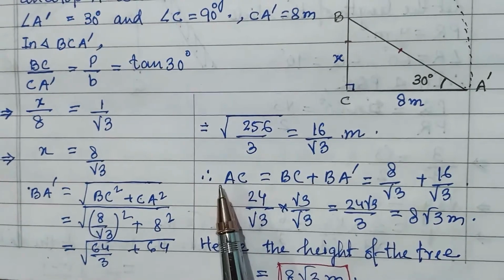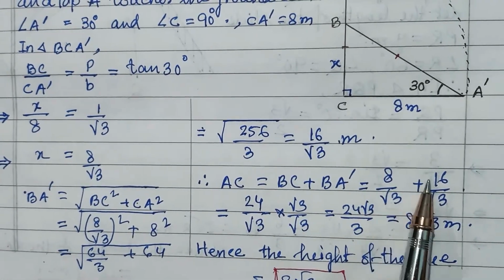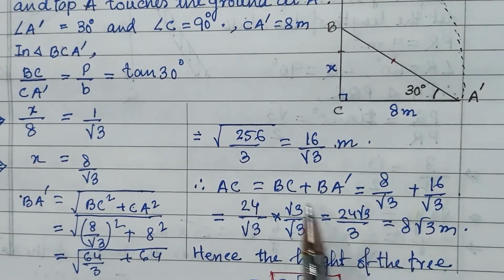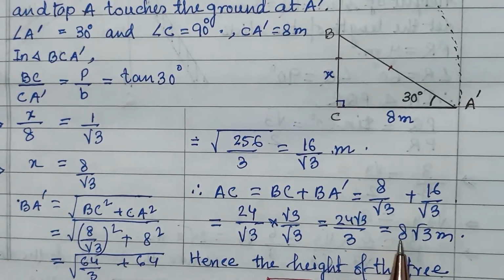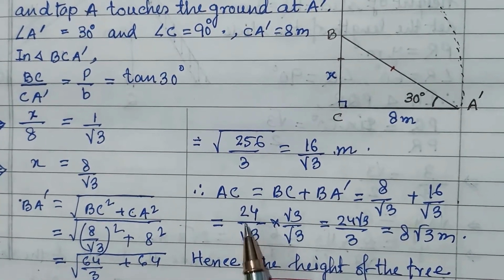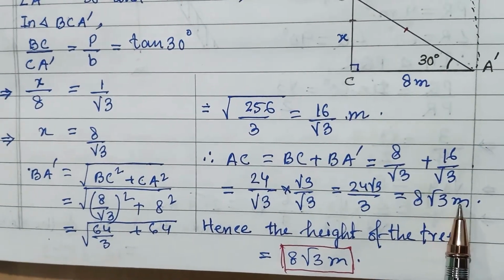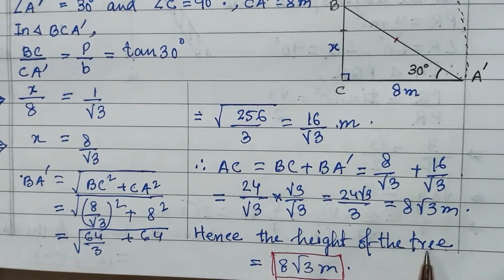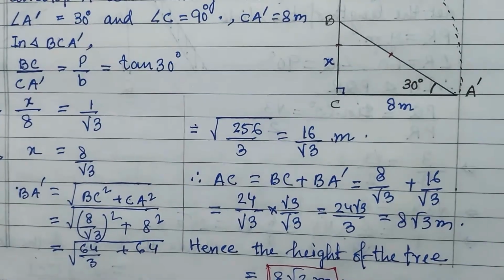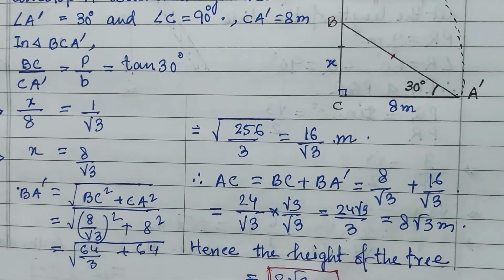Now AC is equal to 16 upon root 3 plus 8 upon root 3. Add these two and it is 24 upon root 3. Rationalize it, it is 8 root 3 meters. So hence the height of the tree is 8 root 3 meters. Okay. Next question.